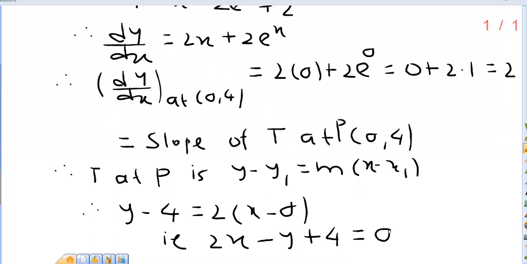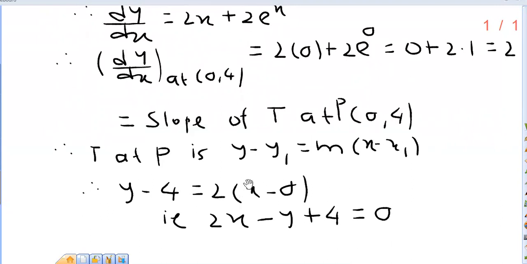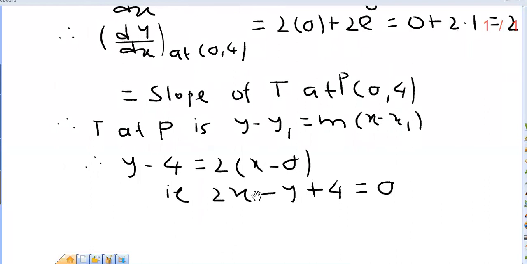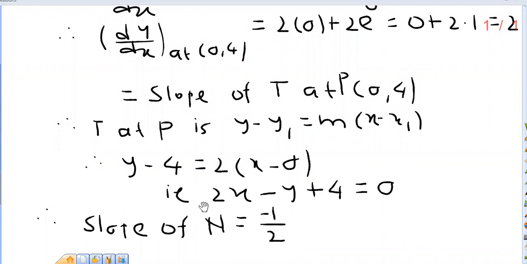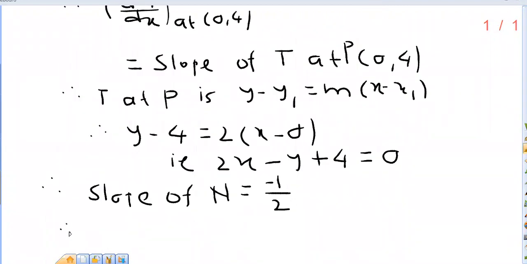Now what will be the slope of normal? The negative reciprocal of 2, because the product of slopes of two perpendicular lines is minus 1. You need not write this in the exam. You can directly write: slope of normal, write this completely, is minus 1 upon 2. So what is the equation of normal?